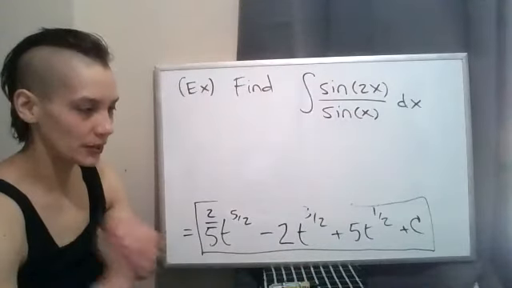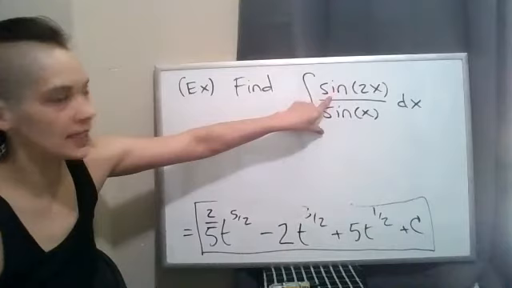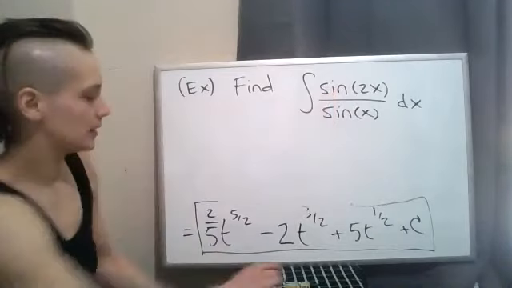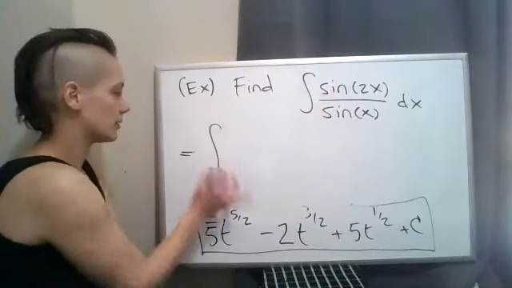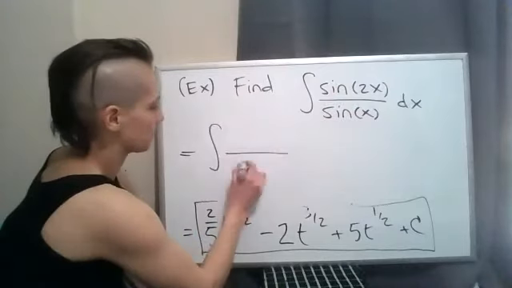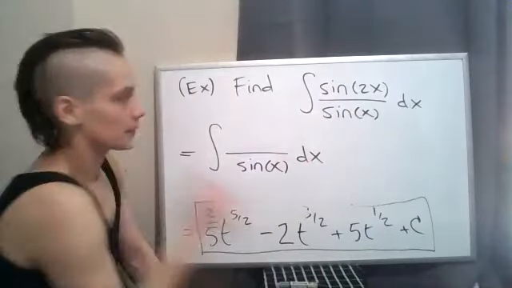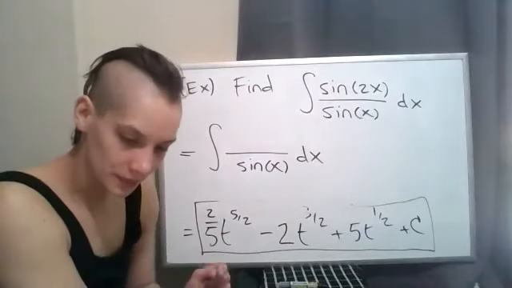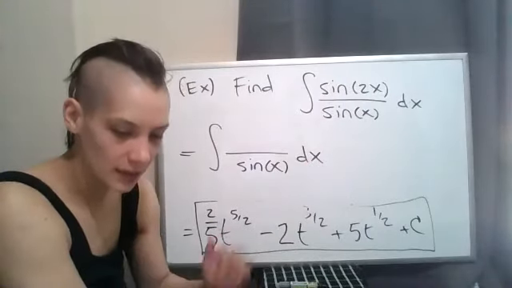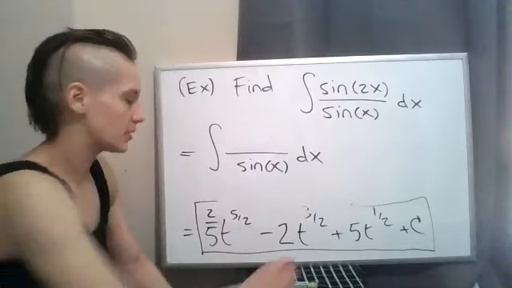Okay, first, what we're going to do is use a trig identity on what's in the numerator. I just rewrite the integral a little bit. It's going to be, let's see, 2 sine of x cosine of x is the identity I chose.